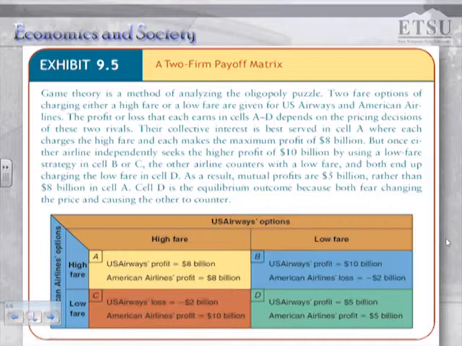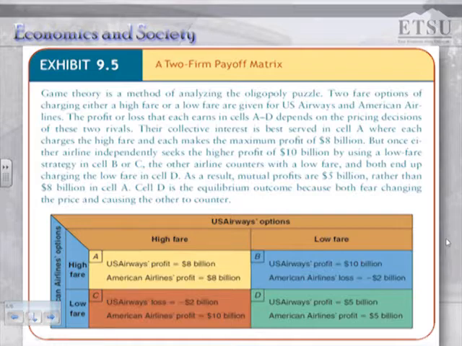However, U.S. Airways, from their perspective, if American charges a high price and they undercut their price, charging a low price, U.S. Air stands to gain $2 billion for a total of $10 billion in profits, while American Airlines will lose their profit and incur a $2 billion loss.